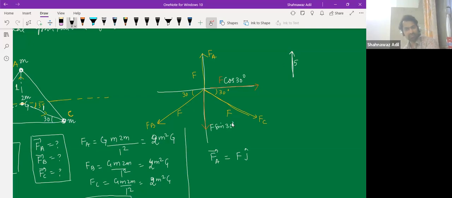So FC vector is F cos 30 I hat minus F sine 30 J hat. Clear?